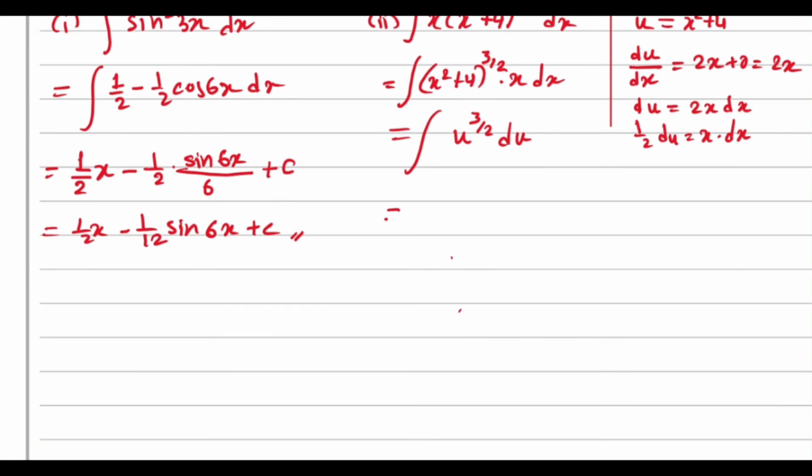Now we can integrate this normally and easily. The integration for this would be (3/2 + 1) divided by (3/2 + 1), plus c.